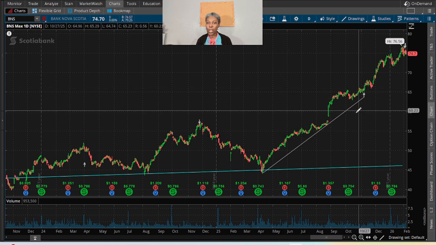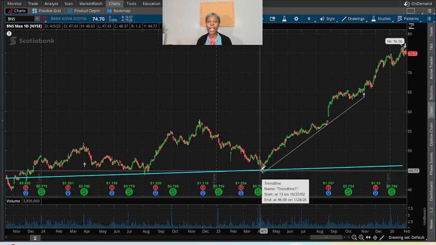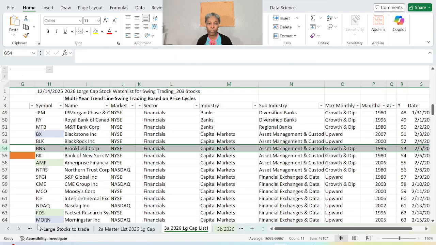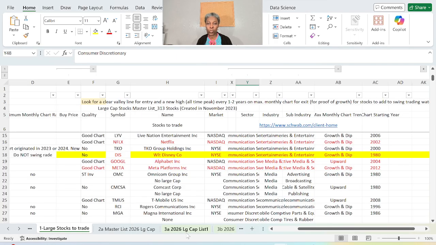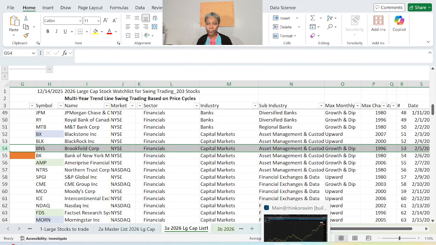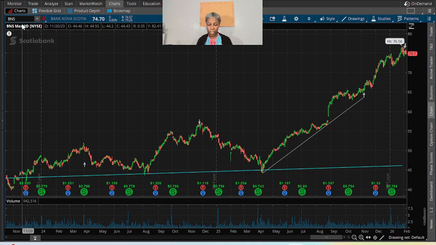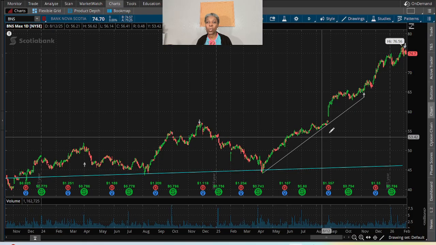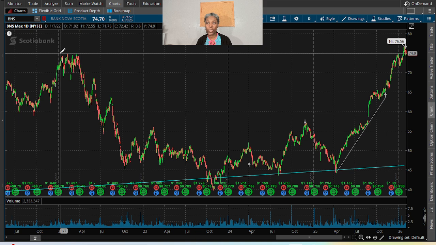So when we are doing our chart analysis to gather stocks for 2026, of course analyzing our master list to find stocks that we will create a list of for 2026 that we will swing trade from, I came across it on our master list that it touched base with the valley line and started going up from there, but has now reached an all-time highest price.